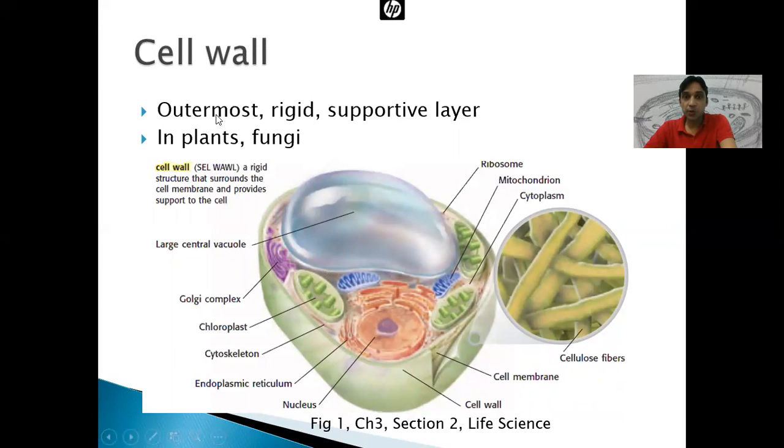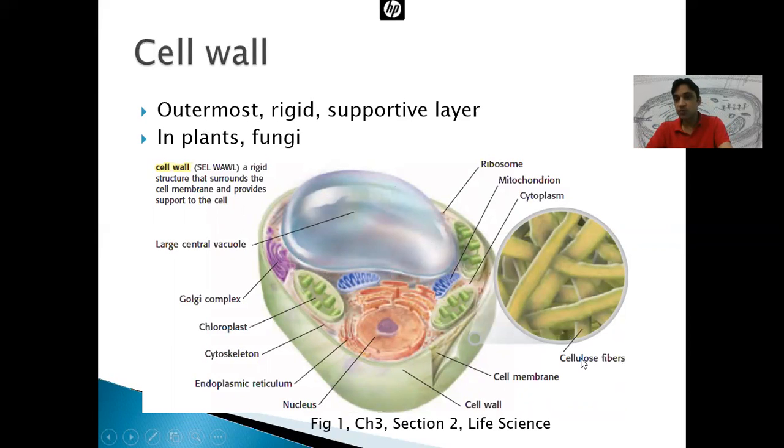It is the outermost boundary, a very rigid and supportive layer. It is made up of a carbohydrate, and that carbohydrate is called cellulose. It's a polysaccharide.